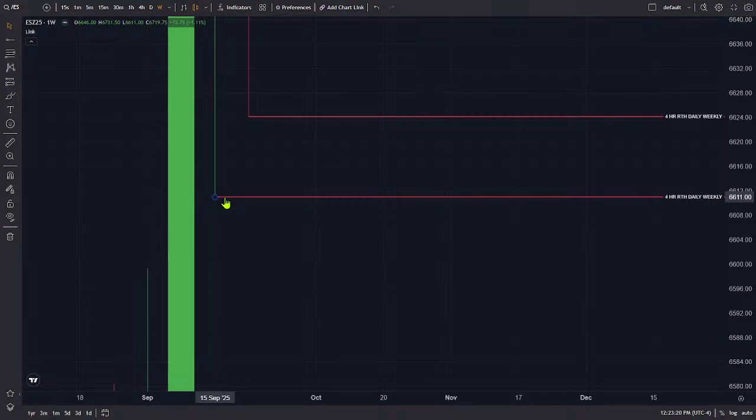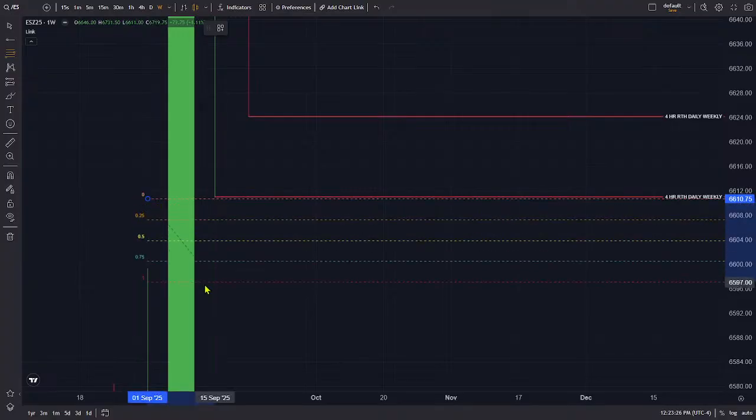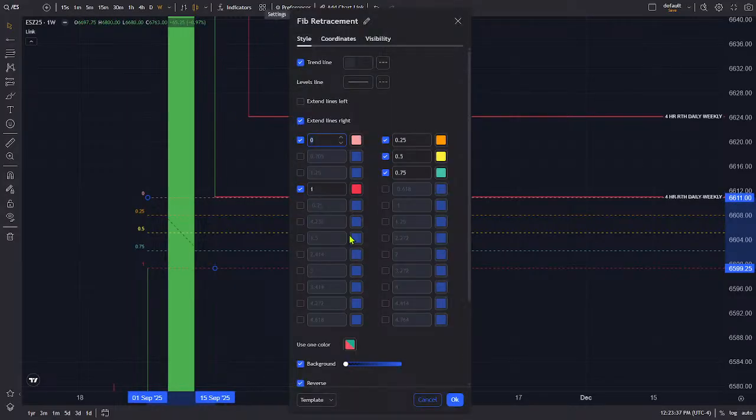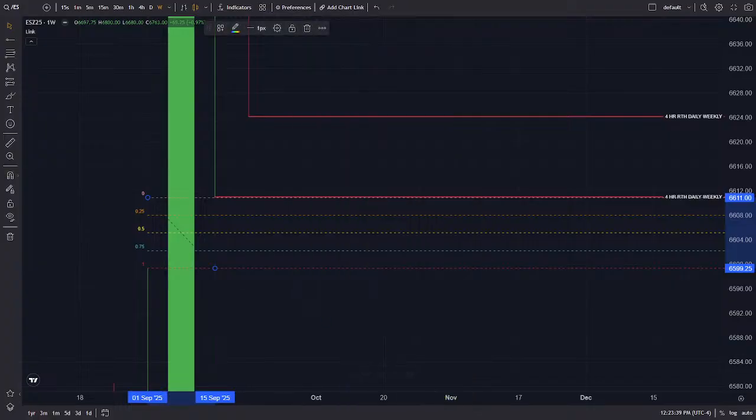Marking it, I mean, you could do a fib tool on there and just lock it in place and label it. I can't label it like that. I can label it like this.